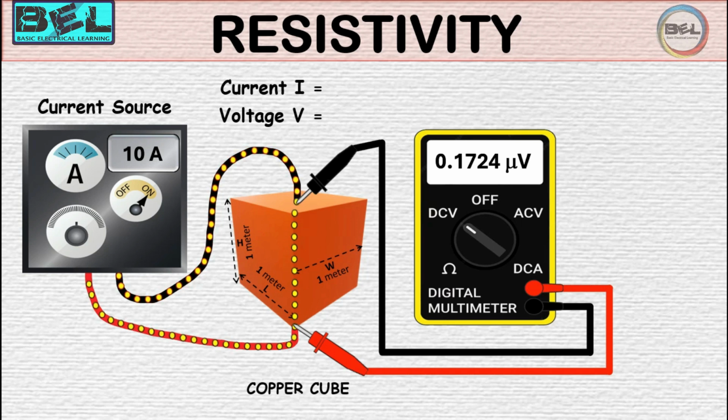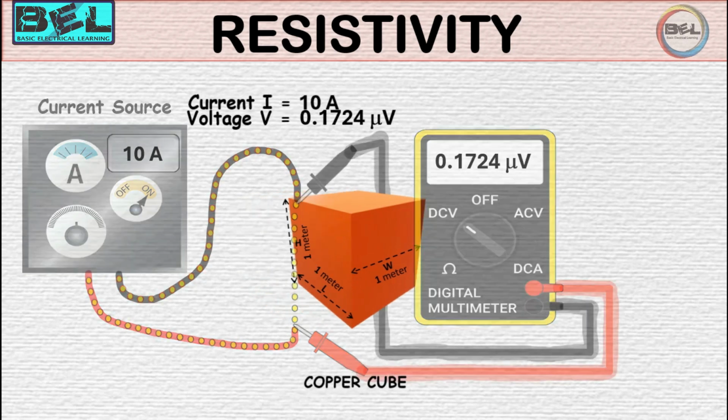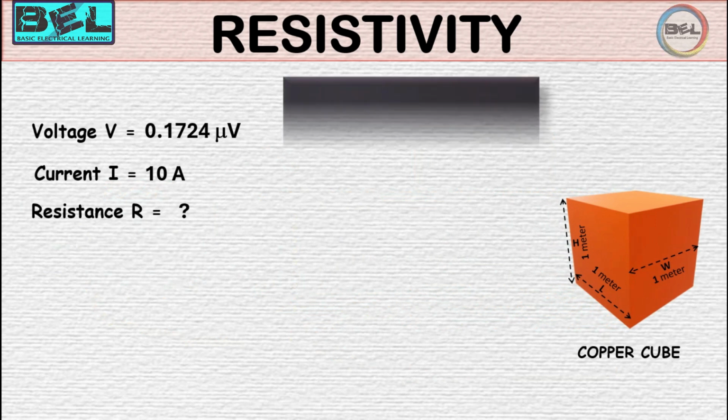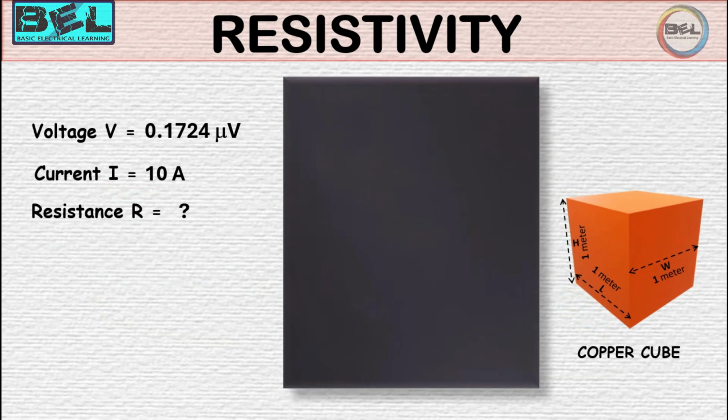For example, the current flowing through the copper cube or sample is 10 amperes as shown on the current source, and the voltmeter is showing 0.1724 microvolt. Now calculate the resistance of this copper cube. The resistance R of this sample is calculated by using Ohm's law.